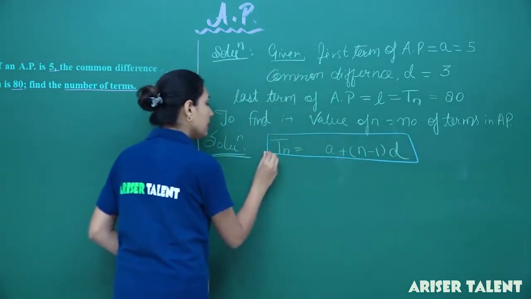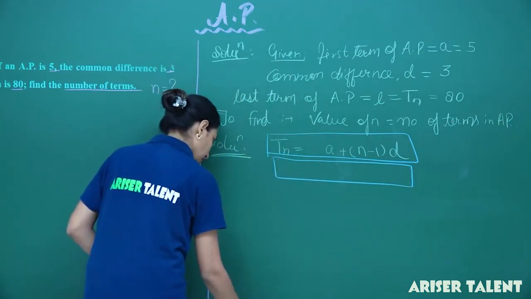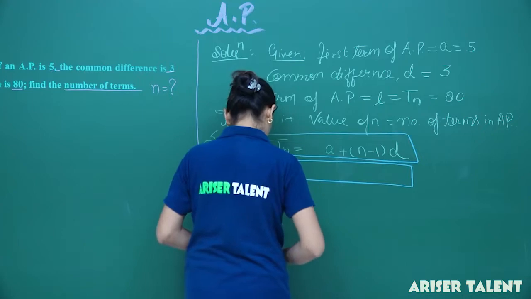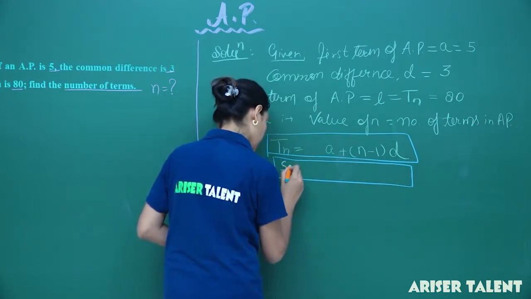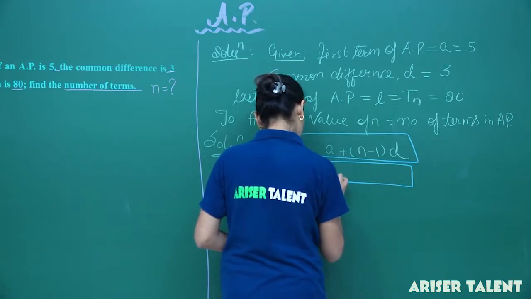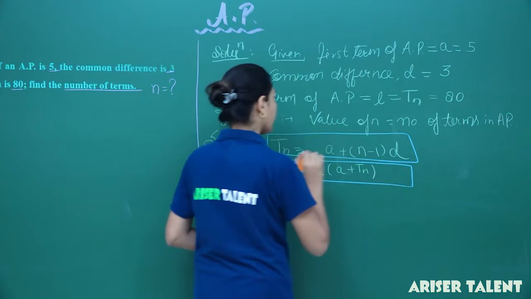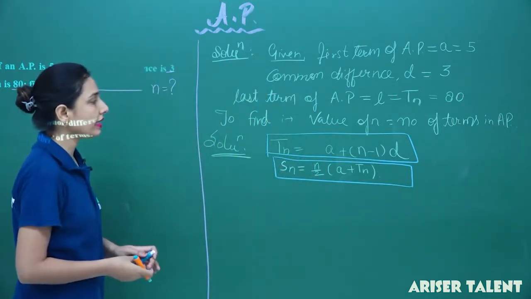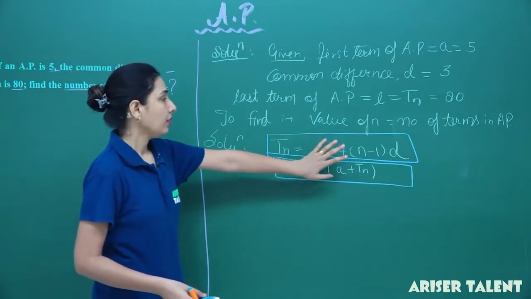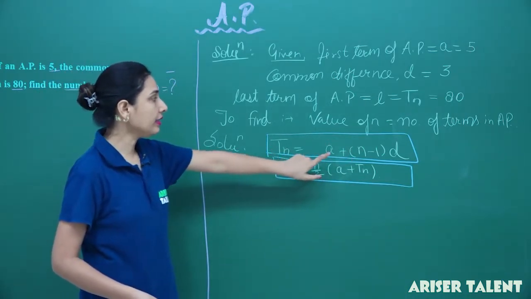The second formula is Sn. The formula of Sn is n by 2 times A plus Tn. Now, if the sum is given, I can directly apply this formula. I know these terms and I have to find n.